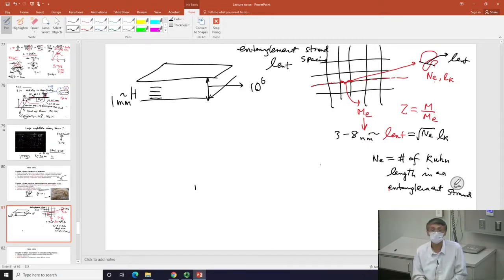A million already. Okay, it's a million. It's a million of these building blocks grabbing onto each other because they cannot cross, of the individual chains.